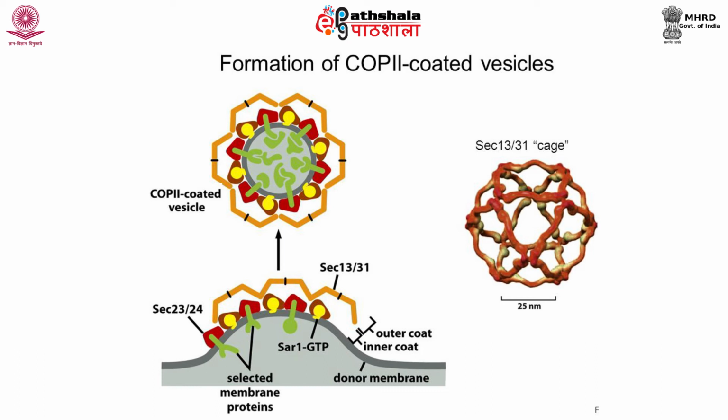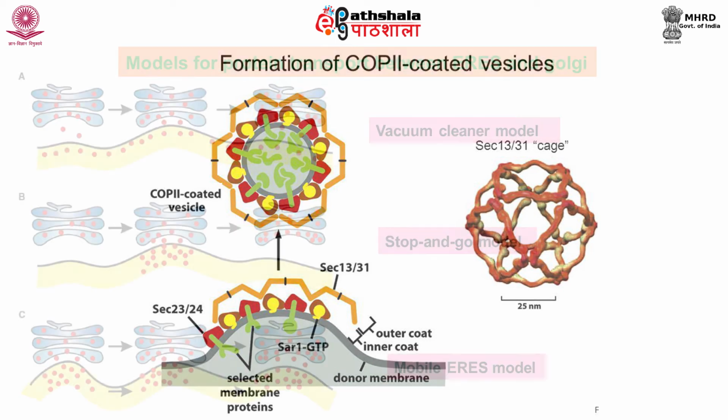It then adds Sec13p, 31p, which forms an outer shell complex. This Sec13p, 31p acts like clathrin and physically drives the curvature of the membrane to generate a bud. The separation of the COP2 coat is triggered by hydrolysis of GTP on SAR1p.